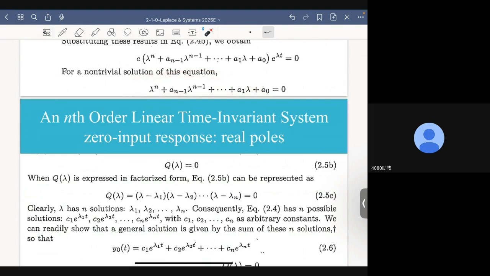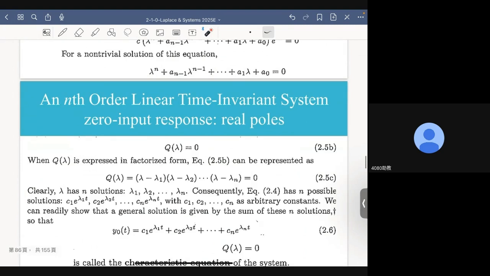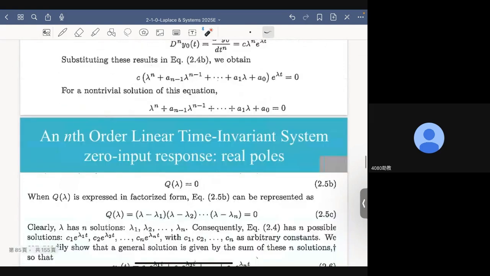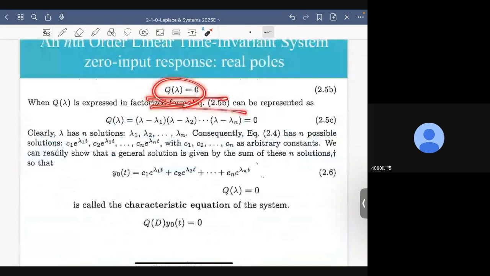Okay, last time when we said characteristic equation, we were referring to Q of D equal to 0, right? Here it is Q of lambda equal to 0.